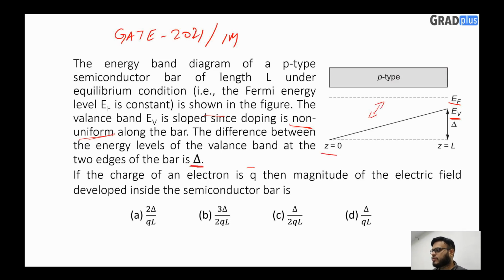Means at z equal to 0, the distance between the Fermi level and EV will be reduced by the amount delta at z equal to capital L. Now what we are asked to calculate is, based on this criteria, the built-in electric field which is generated. So let us first start with the concept of Fermi level, how it moves, and then we will move forward.